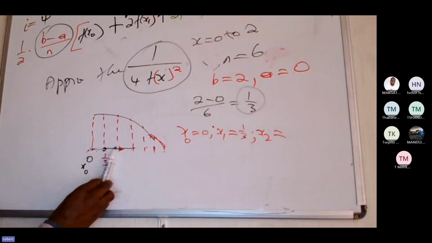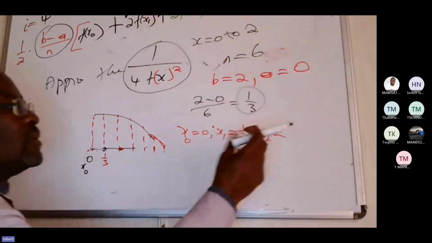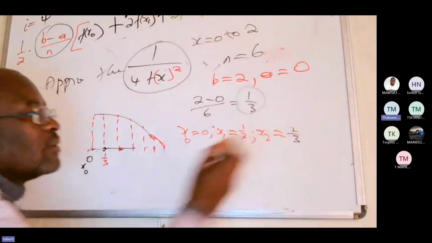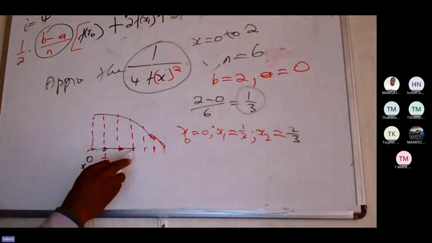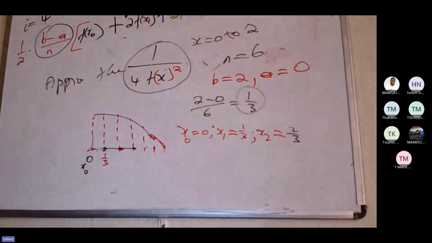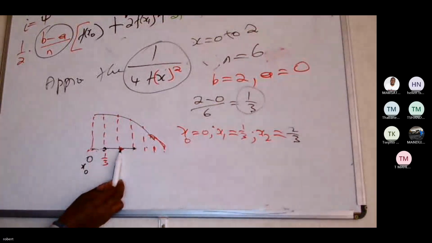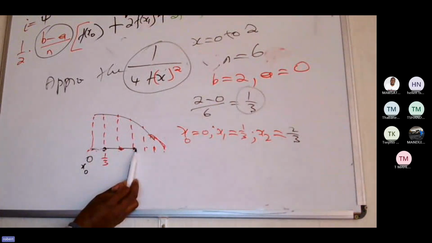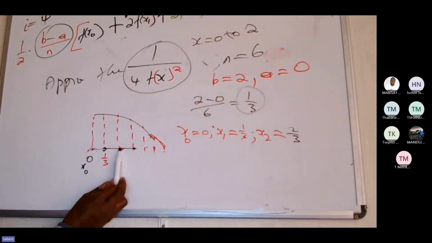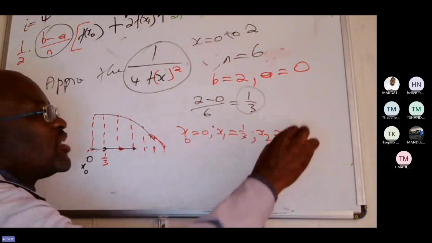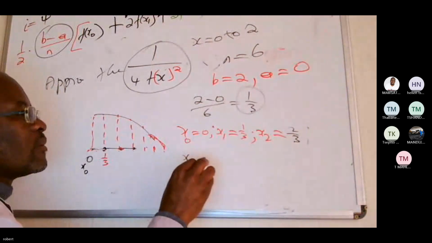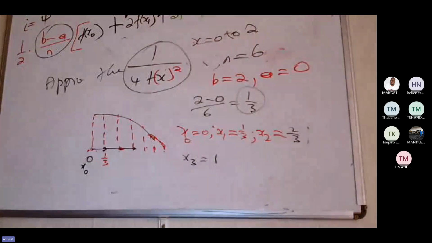So 1 over 3 plus 1 over 3 is 2 over 3. And x3 will be x2 plus 1 over 3, which is 2 over 3 plus 1 over 3, which is 3 over 3, or 1.